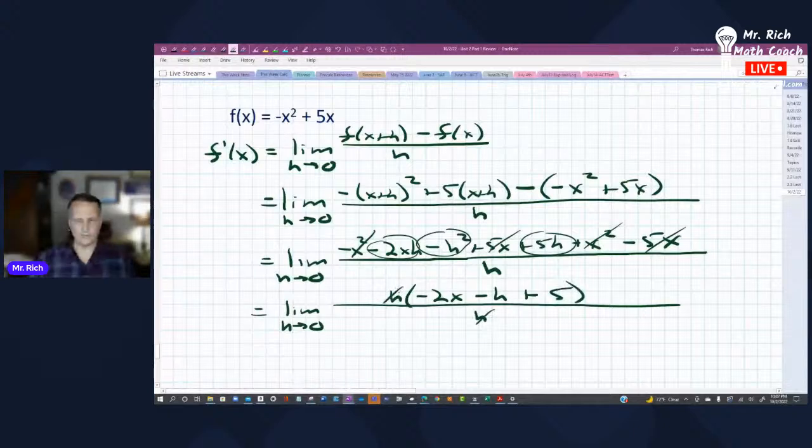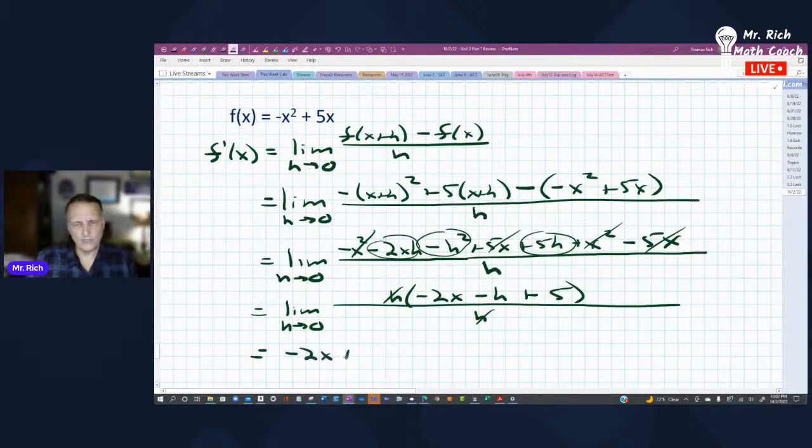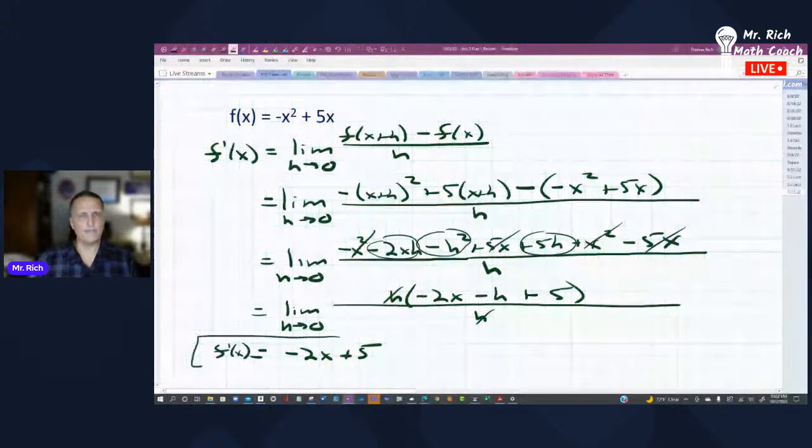The h's cancel. I can now substitute 0 in for h, and I get my answer of negative 2x plus 5. That is my derivative that I found using the limit definition of a derivative.